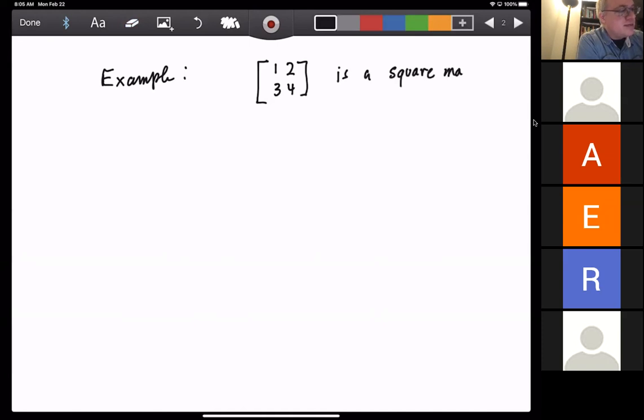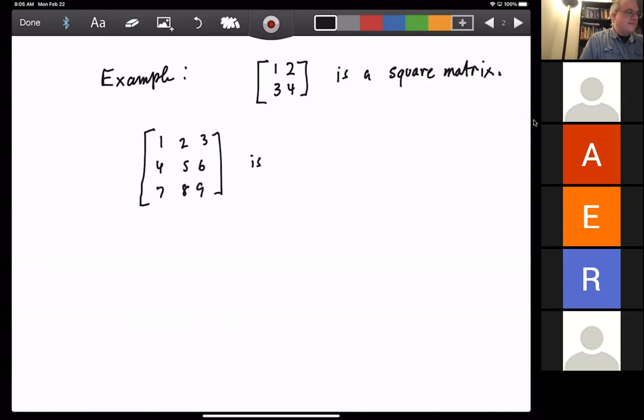Here's another example of a square matrix: 1, 2, 3, 4, 5, 6, 7, 8, 9. Now I have 3 rows and 3 columns.